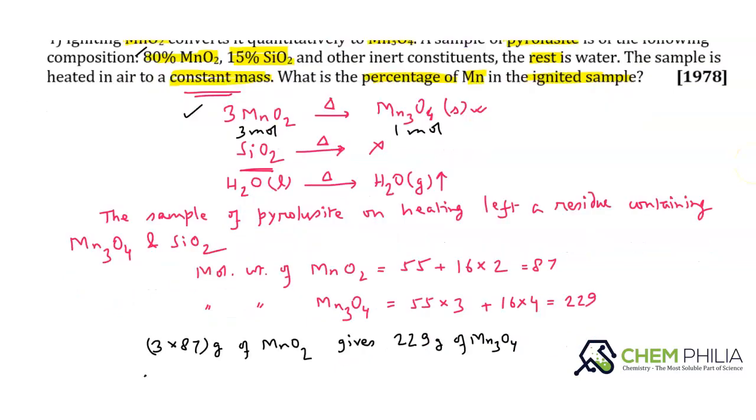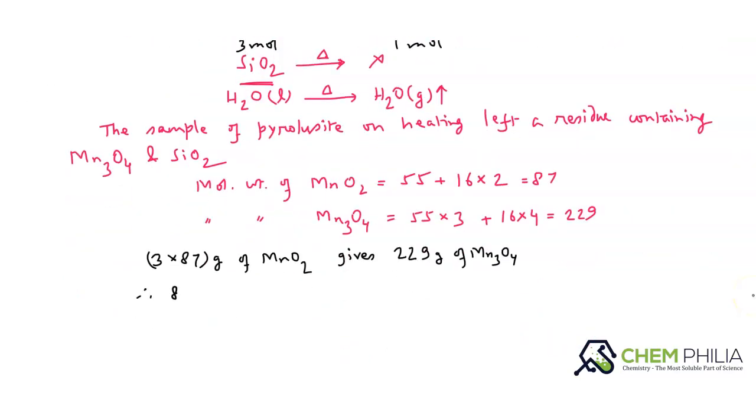Therefore, now if you look into the question, how much MnO2 was there in the sample? 80%. So 80 gram of MnO2 gives how much Mn3O4? It will be 229 into 80 by 3 into 87 gram of Mn3O4. Now you can see 80 and 87 almost same. So it's basically 229 divided by 3.